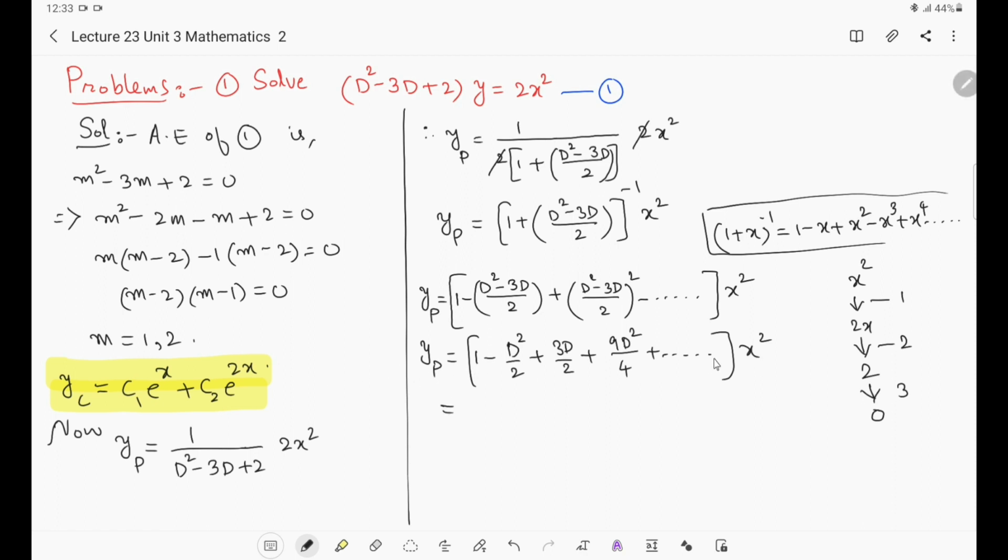1 into x square only, as it is. Then minus 1 by 2 into the second derivative D square of x square. The second derivative of x square is 2, so we'll get 2 here.